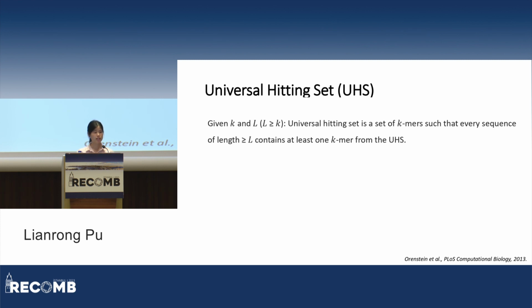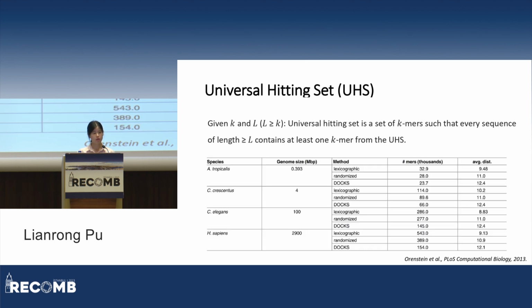Given a universal hitting set, we can define a minimizer order as follows. k-mers within the universal hitting set are always smaller than k-mers outside it, and for k-mers within the set, we use random order to compare them. The minimizer scheme based on such an order will always select a k-mer from the universal hitting set as minimizer, because every L-long sequence contains at least 1 k-mer from the set.